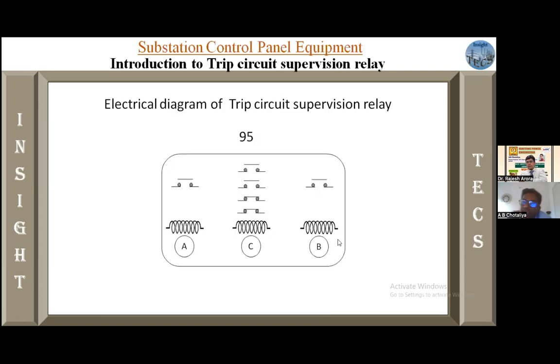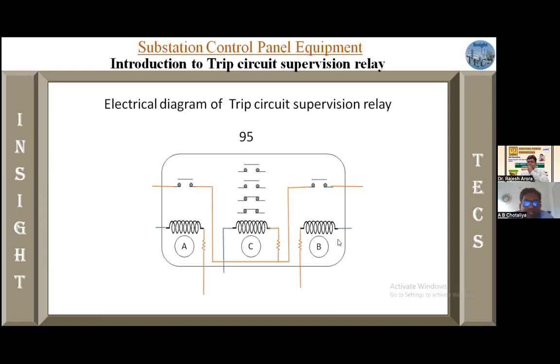How does it work? There are three coils in the trip circuit supervision relay. One coil is for pre-close supervision, the second coil is for post-close supervision, and the third coil, that is C, is the indication coil. Okay, so if the trip circuit is not healthy, then the C coil will operate and indicate that something has happened in the trip circuit supervision.